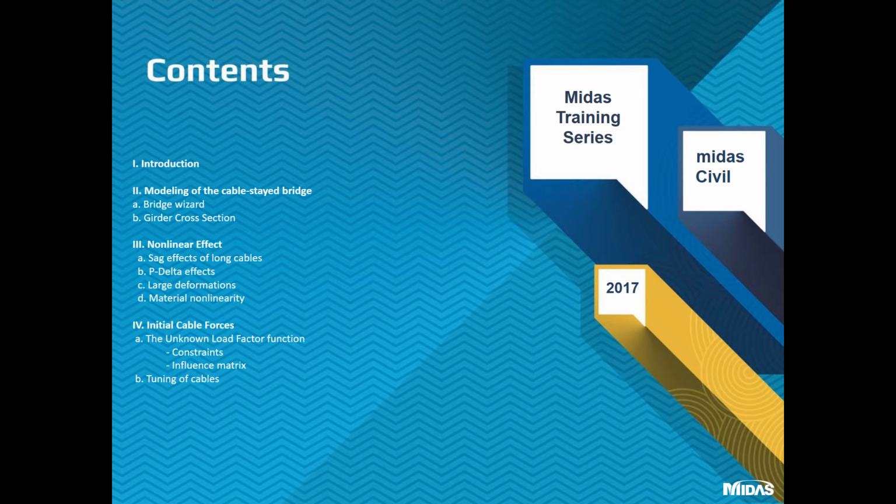Talking about the contents that we're going to go through today, I'm going to do a small introduction on cable stayed bridge design, followed by some consideration on how cable stayed bridges can be modeled in Midas Civil, with a brief note regarding the bridge wizard and also how the cross-section for the girders can be imported or modeled in the software as well.